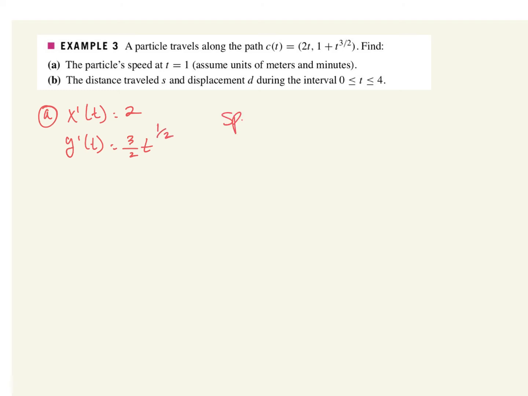So therefore, speed, using the formula, is the square root of 2 squared plus 3/2 t to the 1/2 squared. You can put your value of 1 in there right away. You can simplify. That's entirely up to you. I'm going to simplify only because sometimes problems like this have us using this for multiple values of t, so might as well make it nice.